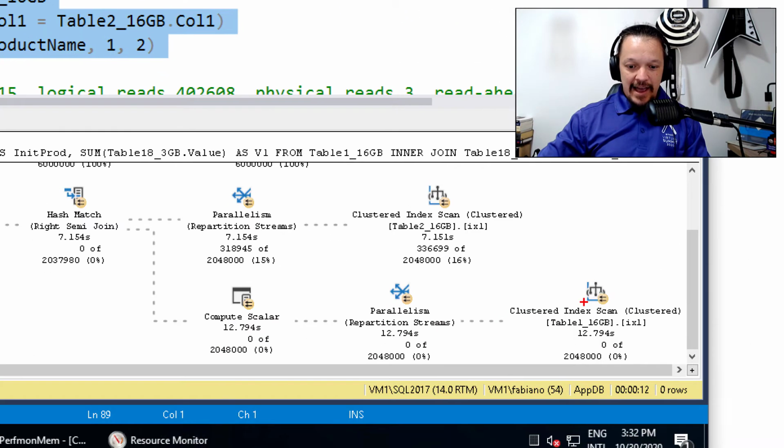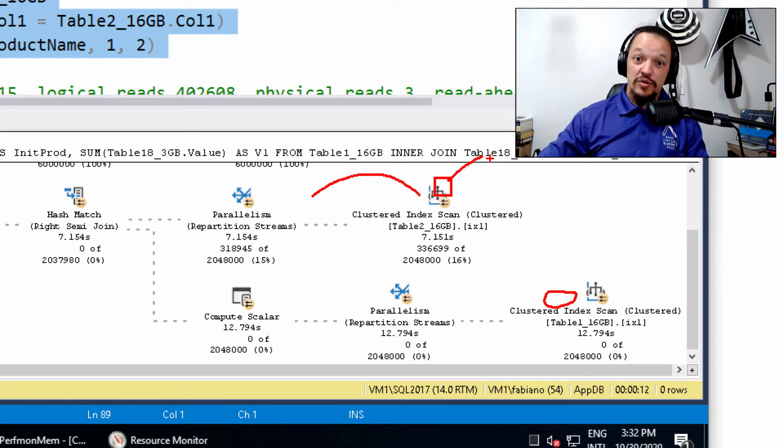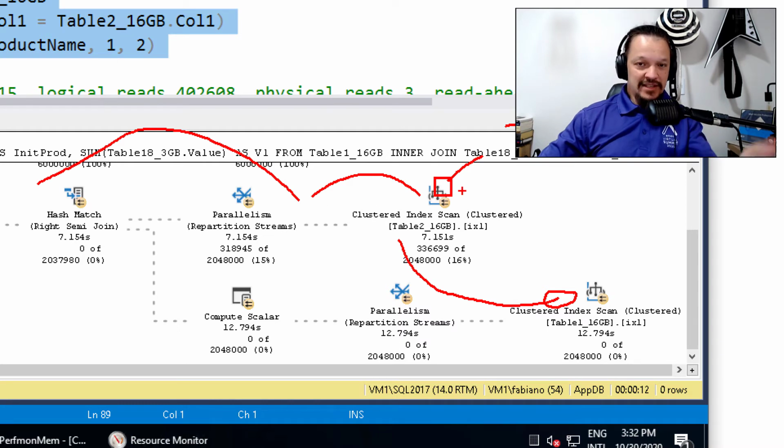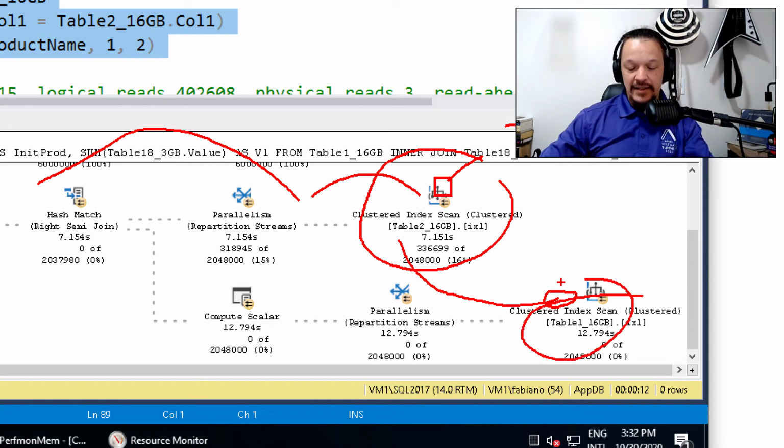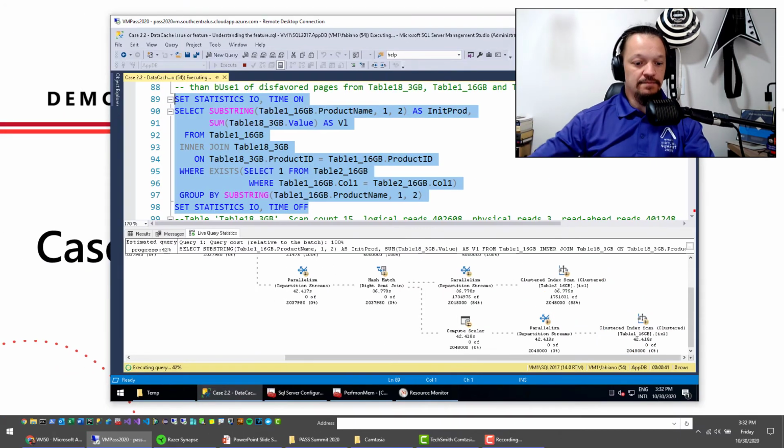So at the time I'm reading this page, the page that I just read here is probably a good candidate to be removed from the buffer pool. And by the time I complete the query and run it again, the same query has caused an internal memory pressure from those disfavored objects. That is what's happening. That's why you're seeing physical reads every time the query runs.